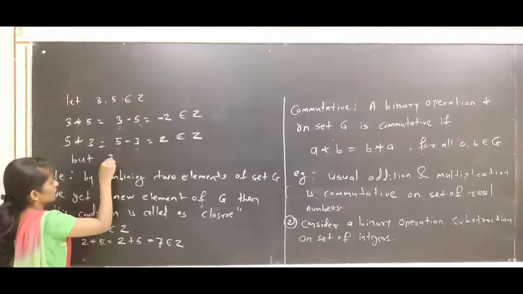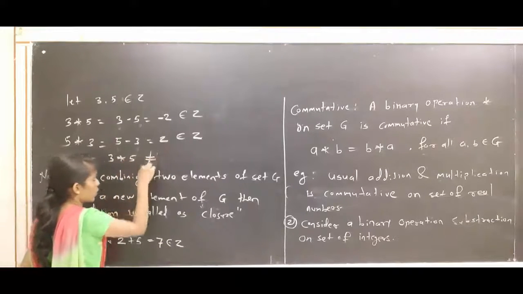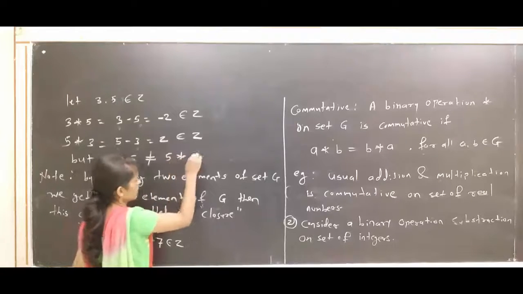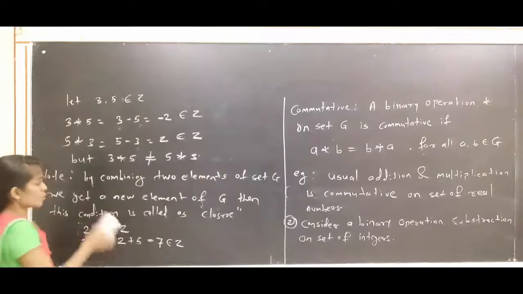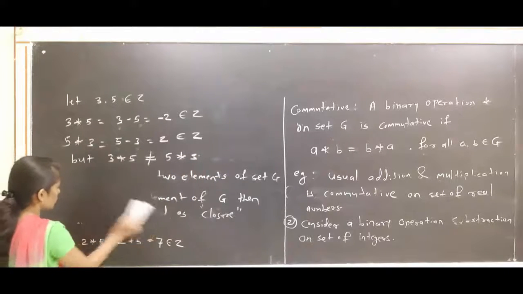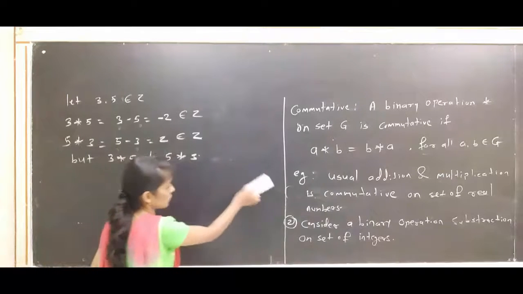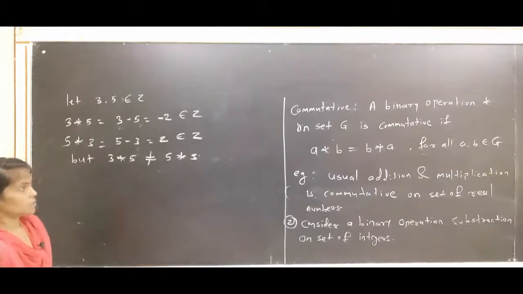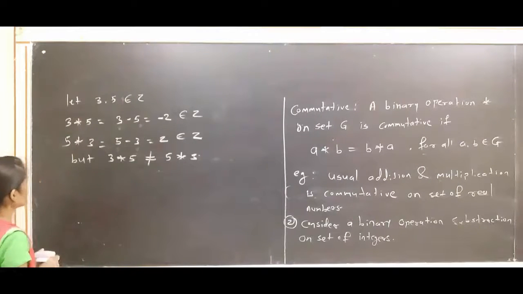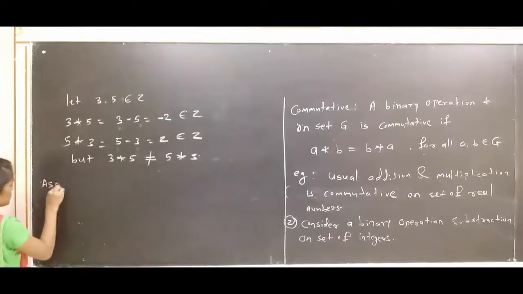But 3 star 5 is not equal to 5 star 3. Hence star is not commutative with respect to the binary operation subtraction on set of integers.